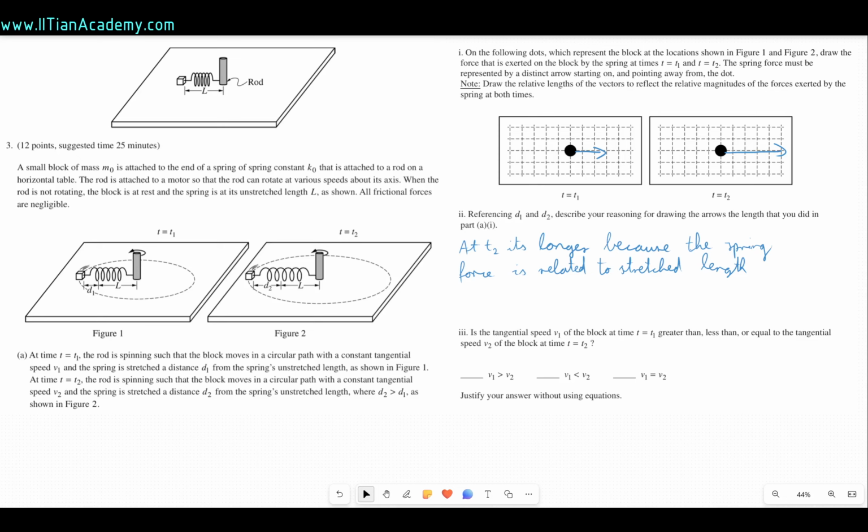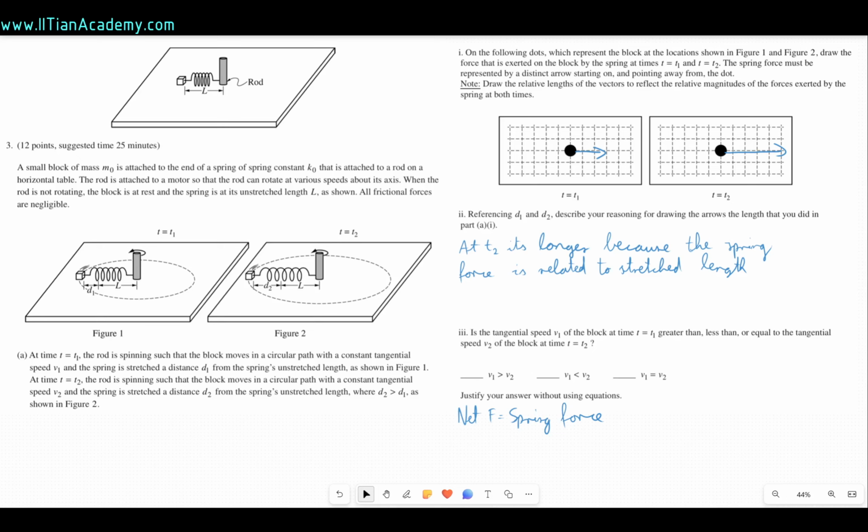And then in part 3, we need to determine whether the tangential speed v1 or v2 is larger, and we need to justify our reasoning. And well, what we can say is that the net force is equal to the spring force. We only have the spring force acting on the block. And what we know is that when the spring is stretched by a longer distance, so d2, the net force will be larger.